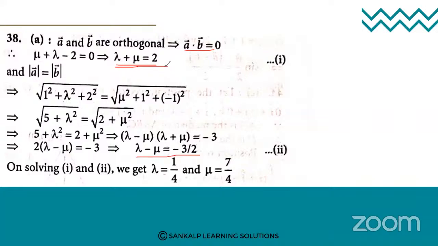When we solve these two conditions simultaneously, we get the value of lambda as 1 by 4 and the value of mu as 7 by 4. So this is how we can simplify this question. Option A is the right answer.